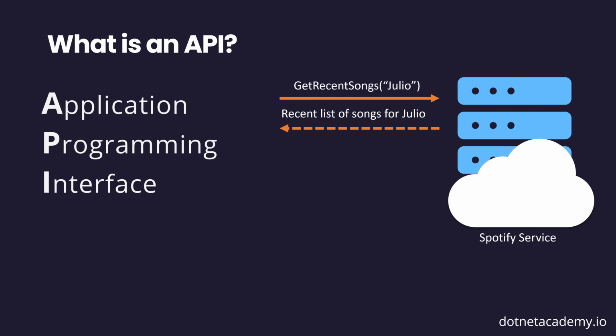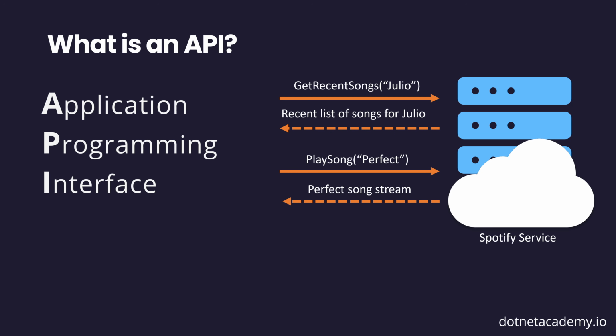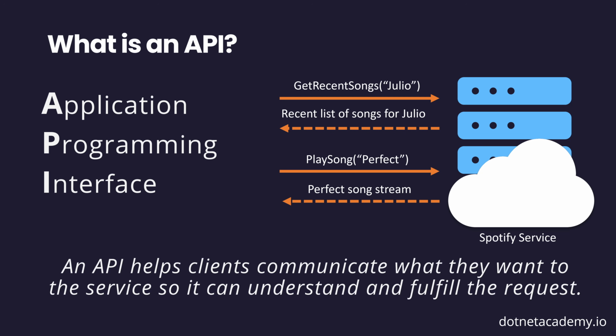And there could be also a play song function that receives the song name as a parameter and that returns the stream for that song so that a client can play it. Like this, there could be dozens or hundreds of other functions offered by the service that clients can use to interact with it. So an API helps clients communicate what they want to the service so it can understand and fulfill the request.